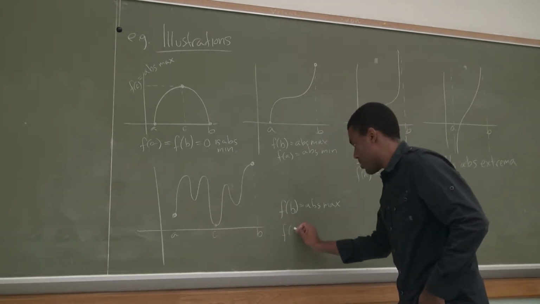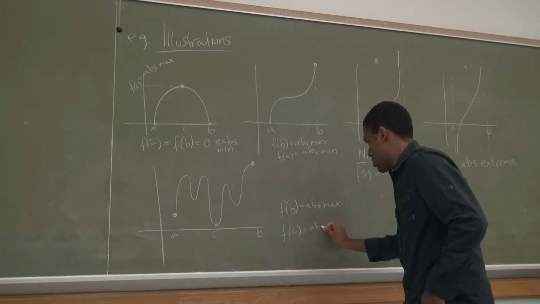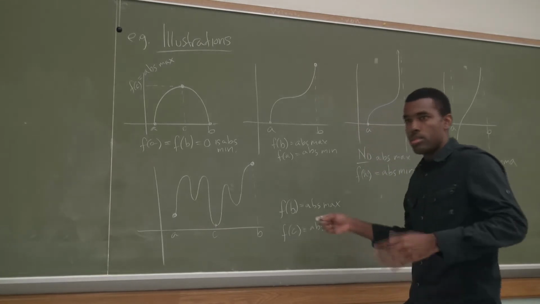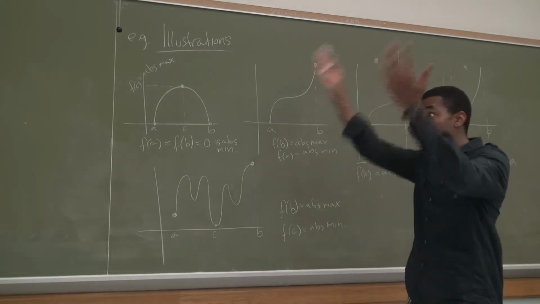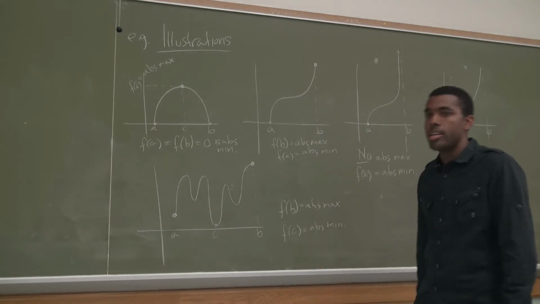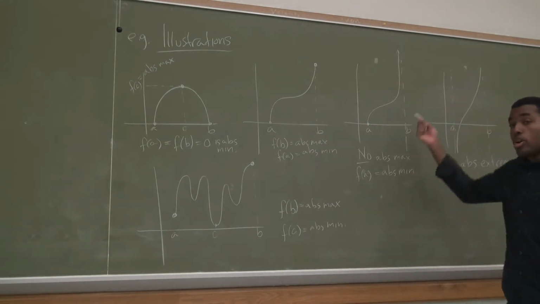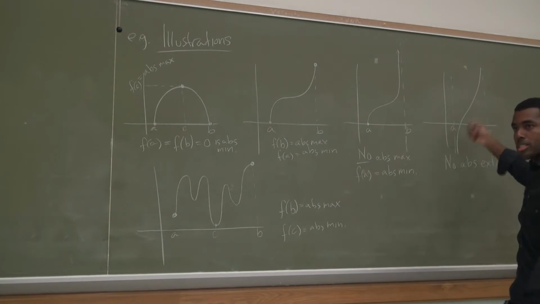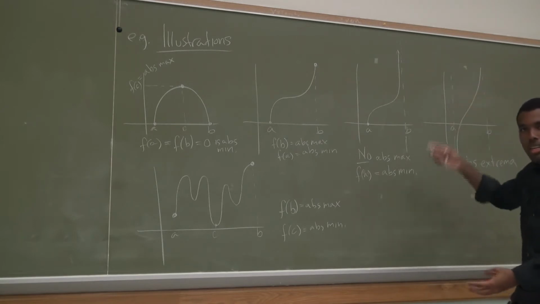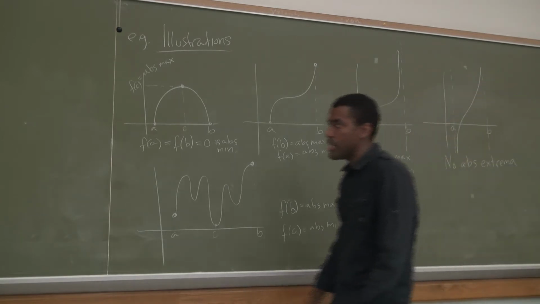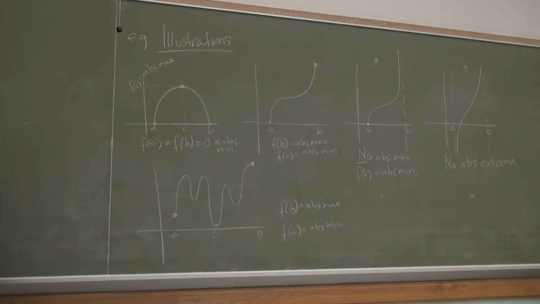So f of c is the absolute min. That's basically the idea, right? The biggest guy is the absolute max, the smallest guy is the absolute min. They don't have to exist, right? So for functions that go up to infinity or down to negative infinity, you might not have one of these guys. But as long as they exist, this is what we call them. It's the biggest and the smallest guys.